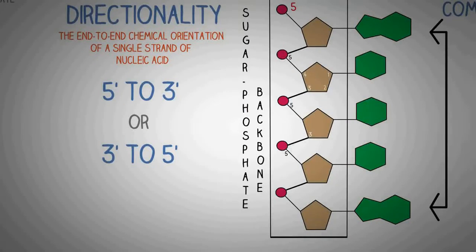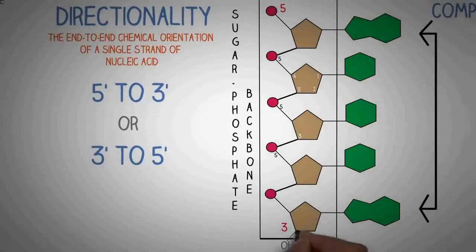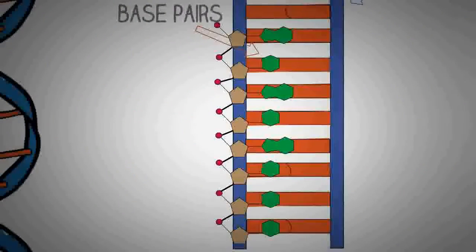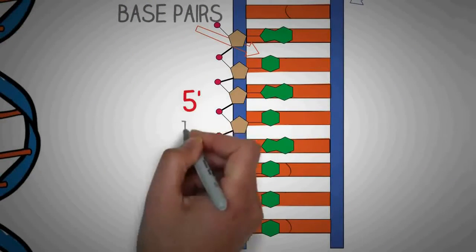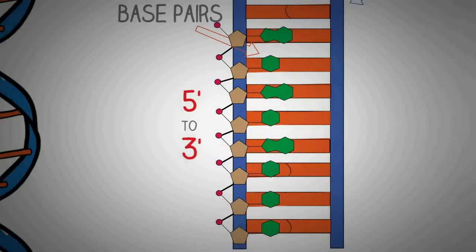If you look closely at this structure, you can see that it has a 5' end to which a phosphate group is attached, and it also has a 3' end below to which a hydroxyl group is attached. So if we come back to our DNA ladder model, we can see that the strand we made before runs in 5' to 3' direction.